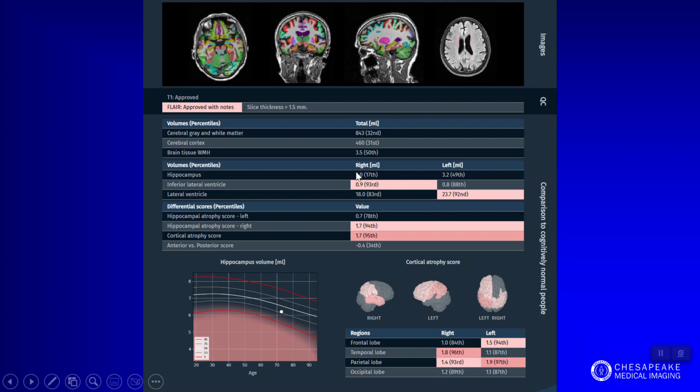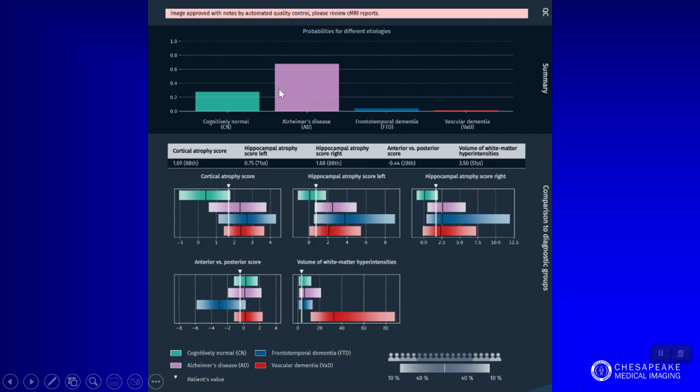Here's their hippocampal volume, here's their hippocampal atrophy score, their global cortical atrophy score. This patient most likely has Alzheimer's disease, predominantly based on the hippocampal atrophy score being abnormal and no white matter disease burden, and you can assess a relative probability based on these brain morphometrics among these four etiologies.